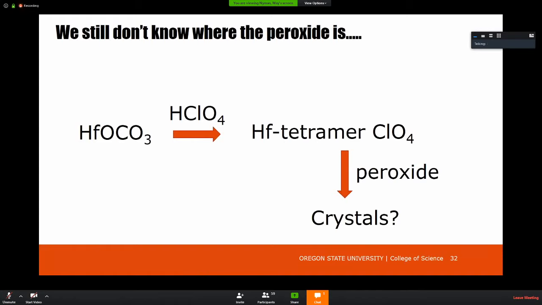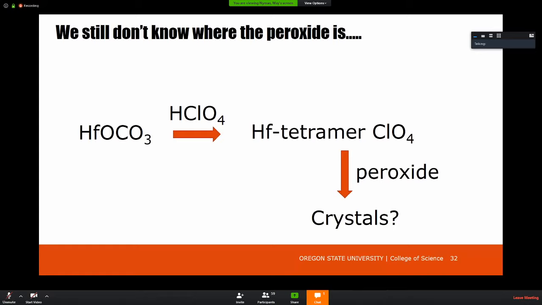So we dissolve hafnium carbonate in perchloric acid and then add peroxide. And we did successfully obtain the tetramer, and we can see that the peroxide does sit in the bridging positions within this tetramer. So our hypothesis and analysis of the solution data was indeed correct. We have not published this yet.